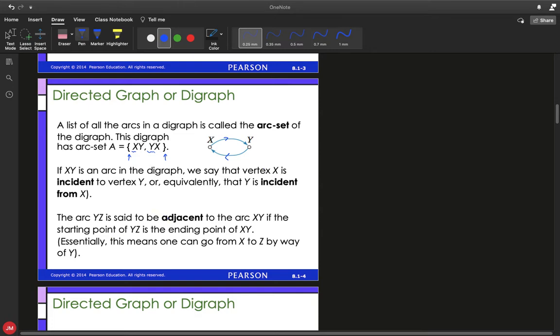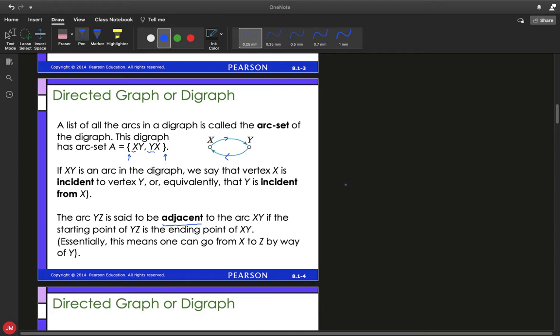Now, we also have this idea of adjacent arcs, which we've seen in previous chapters as adjacent edges. And we say that the arc yz is said to be adjacent to the arc xy if the starting point of yz is the ending point of xy. Basically, that means that you can go from x to z by way of y.